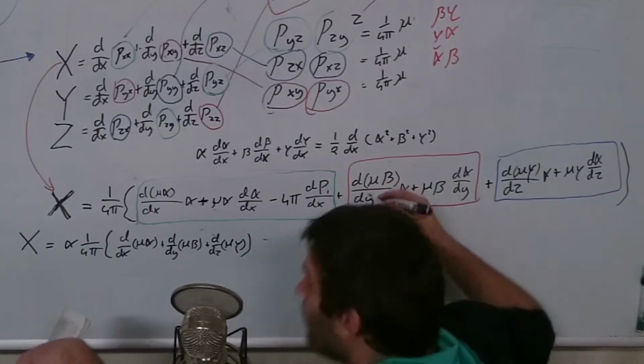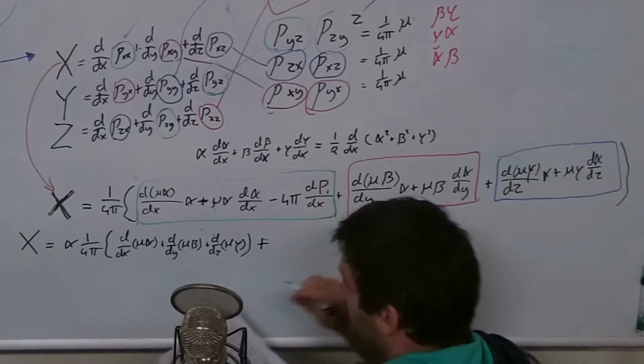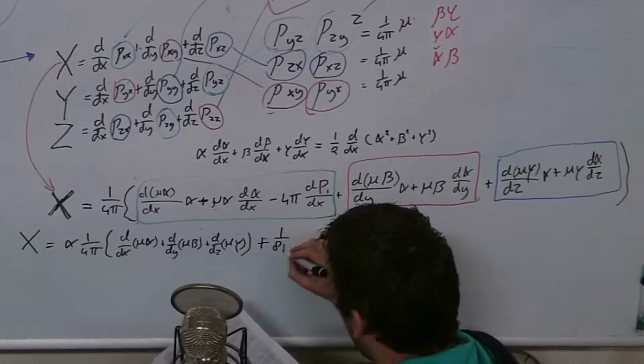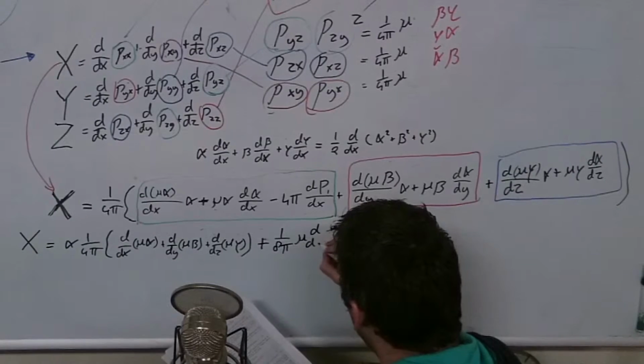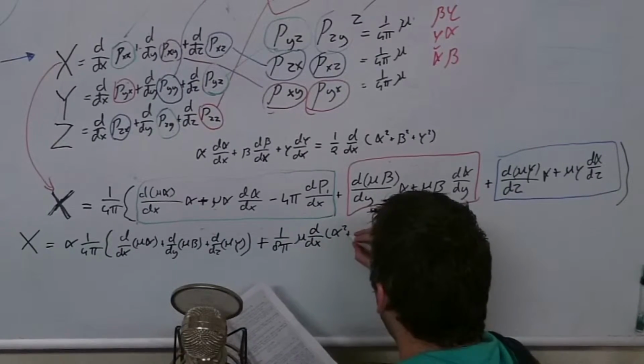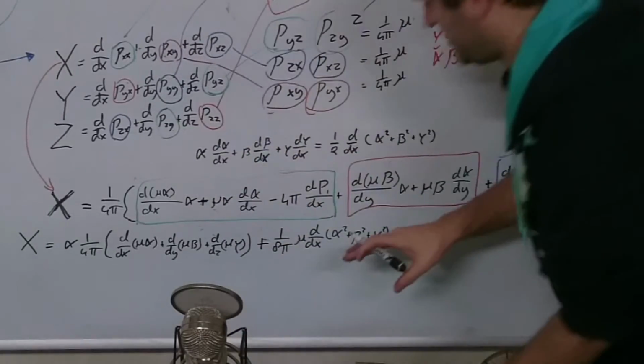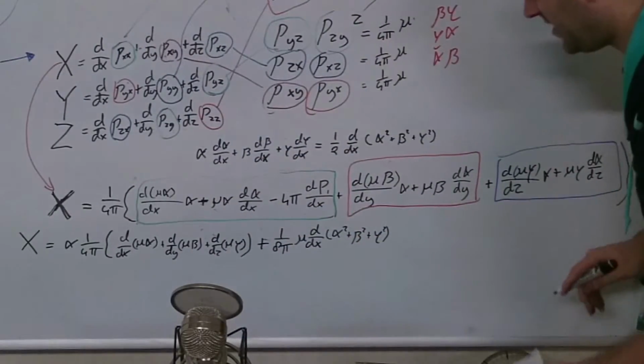Okay, still alive. This is the first part of the equation. Plus 1 divided by 8 pi mu d dx of alpha squared plus beta squared plus gamma squared. This is going to be the second part of the equation.